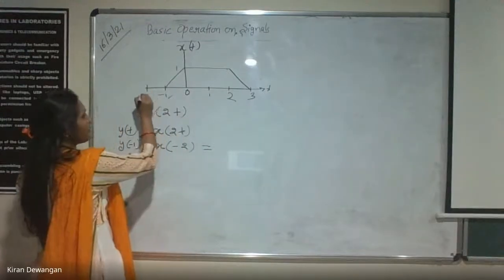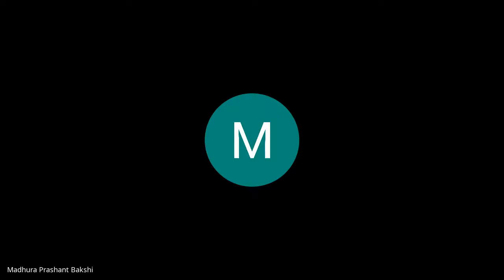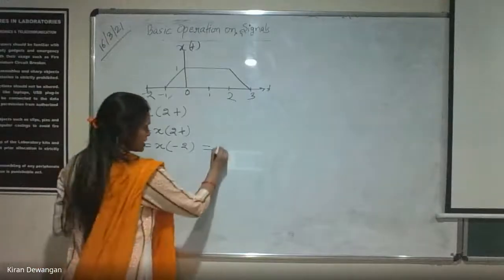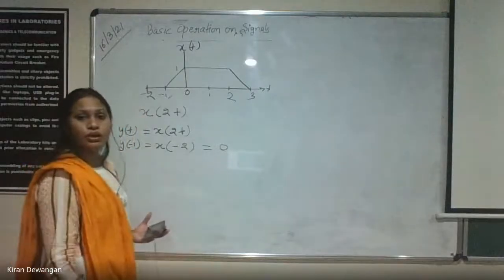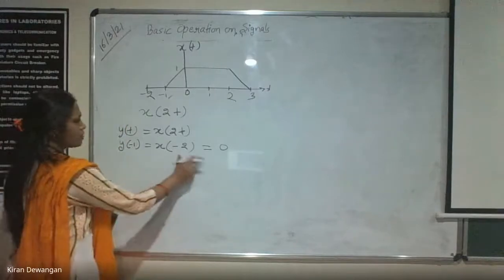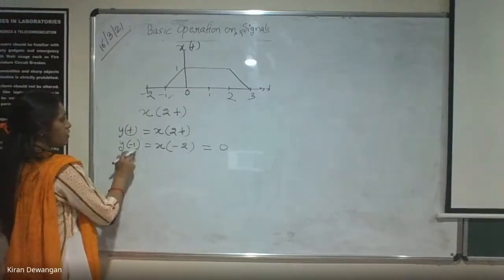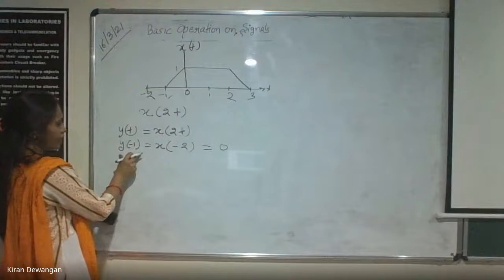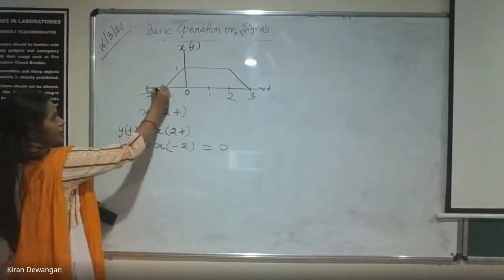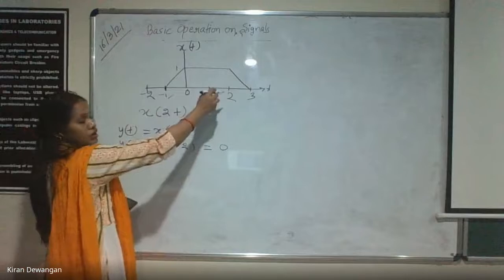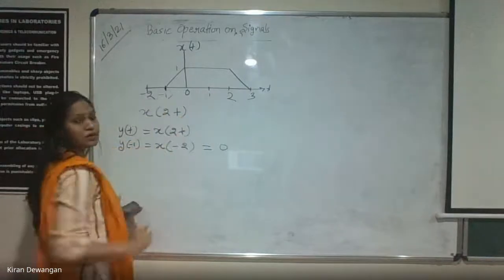Do we have any value here? It is 0. Correct? There will not be any value for x of -2 because we have started with y of -1, since our original x(t) starts with -1.